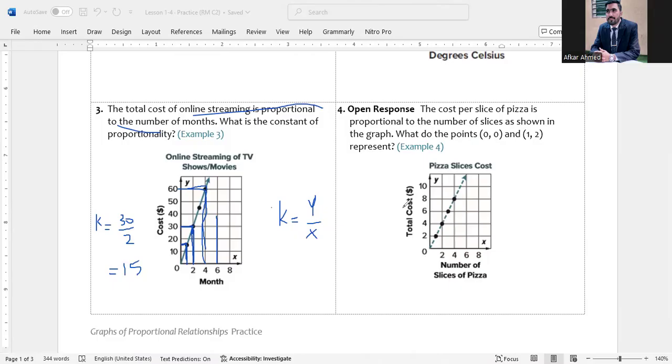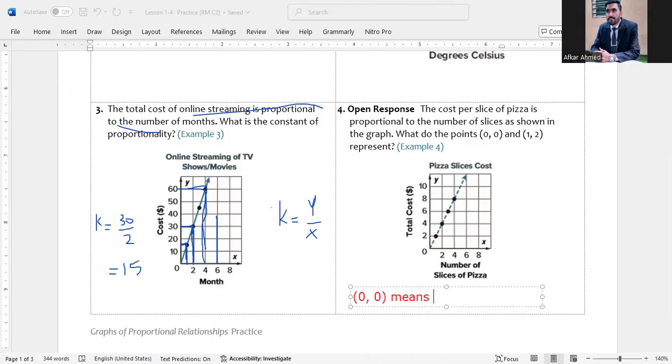So x is the number of slices of pizza, and y is the total cost. We want to compare them.